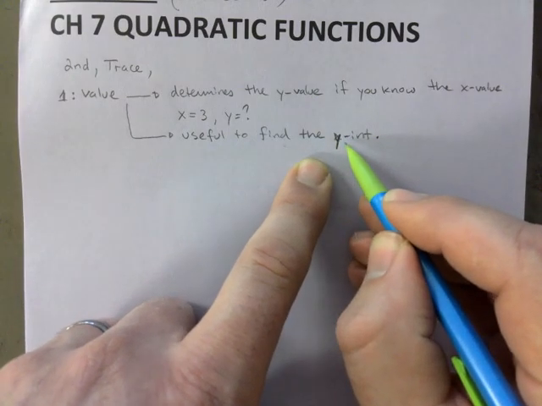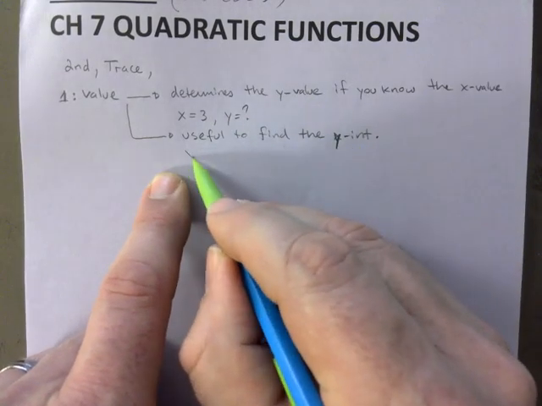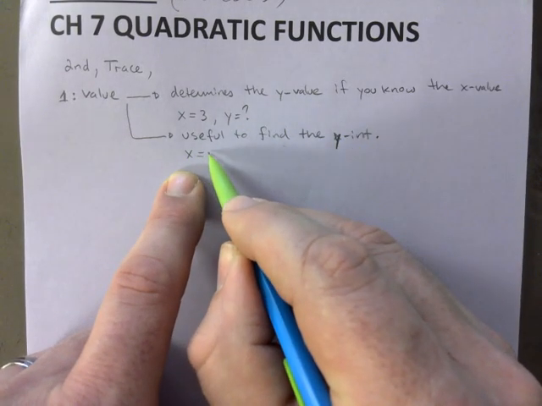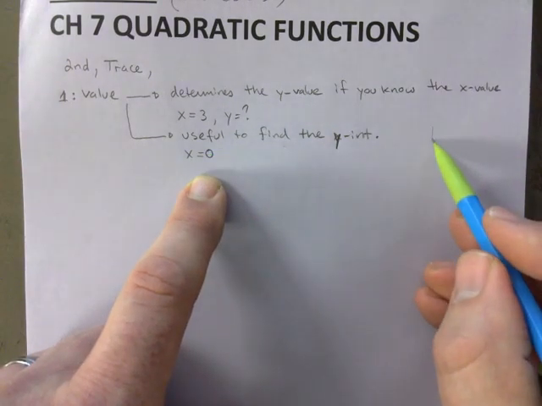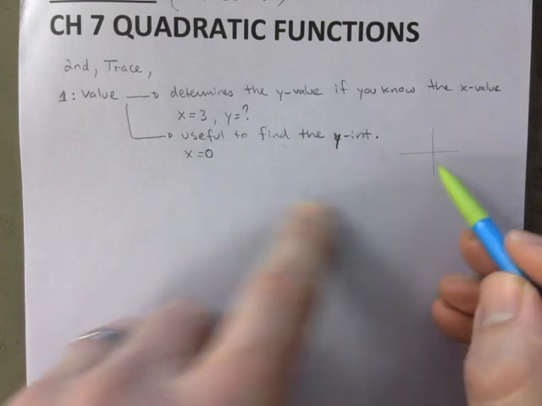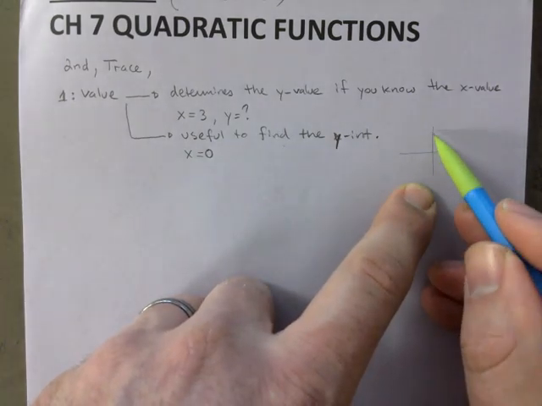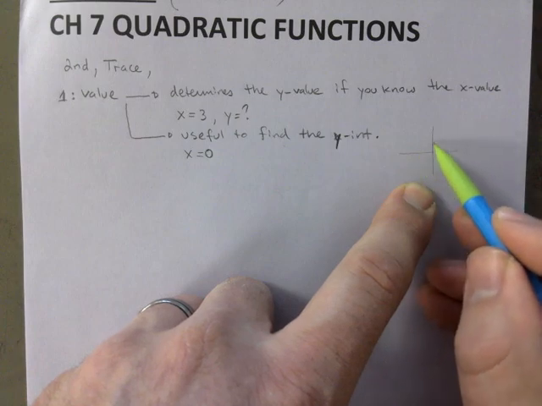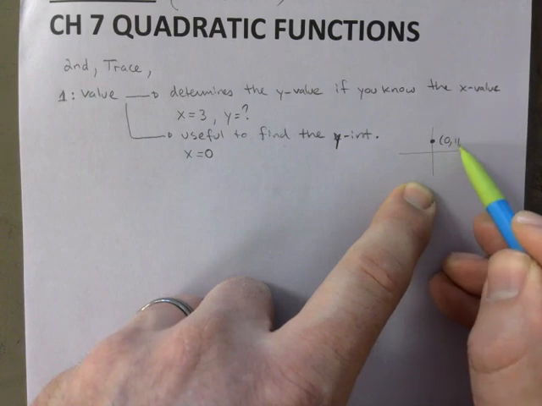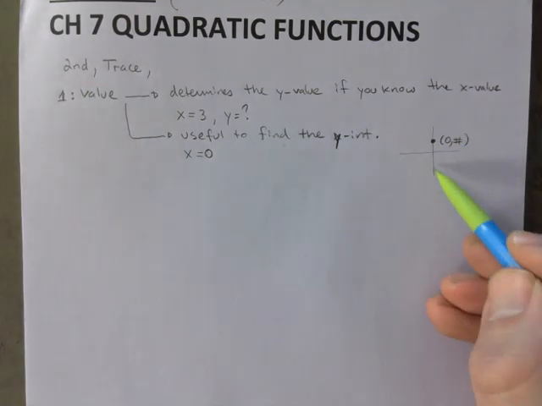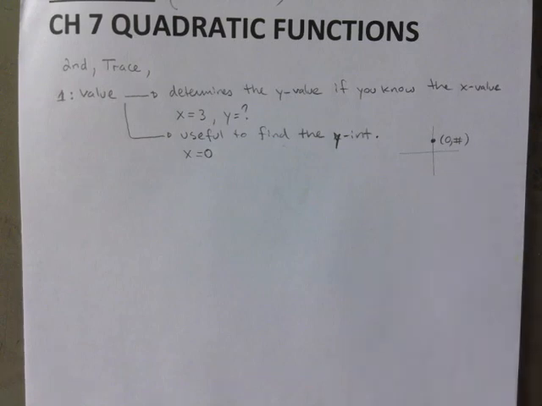What is the x value at the y-intercept? X is equal to always 0 because the y-intercept is any point along the y-axis, right? That's where the line crosses it. We know that any point here is going to be 0 and then something, a number, whatever height you're on. Got it? So that's what we're going to use that function for.